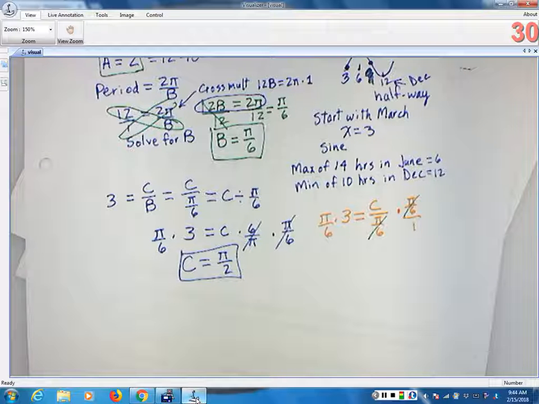Okay, so the phase shift is pi over 2. Now we have everything to write the equation.